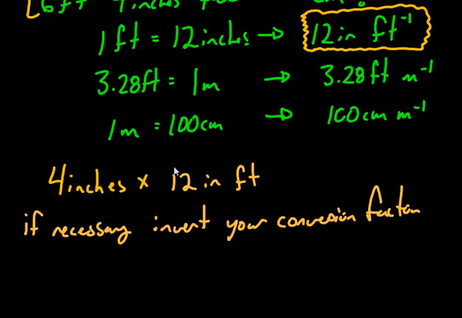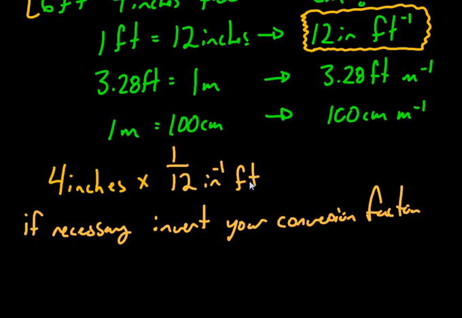I'll show you why. So what I'm going to do is I'm going to invert this. To invert it, I do that, right? That's not a mathematical inversion. But when I invert the actual value in here, what I'm also doing is I'm inverting the signs on my units. So my signs now become inverted themselves. So I get per inch foot.